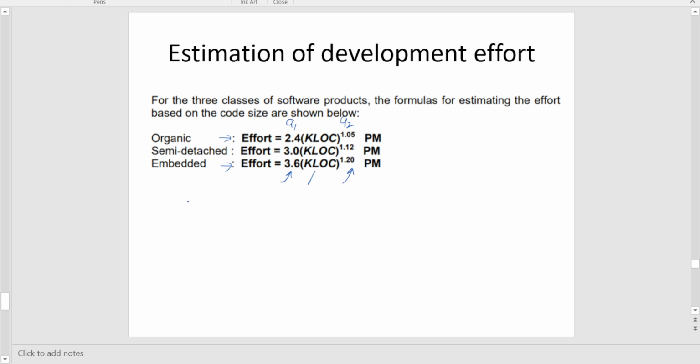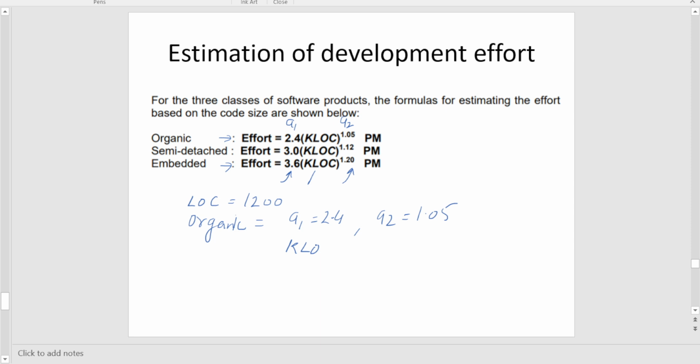Suppose it is given that the LOC value is 1200, and the system is organic. In this case, A1 will be 2.4, A2 will be 1.05, and what is the value of KLOC?